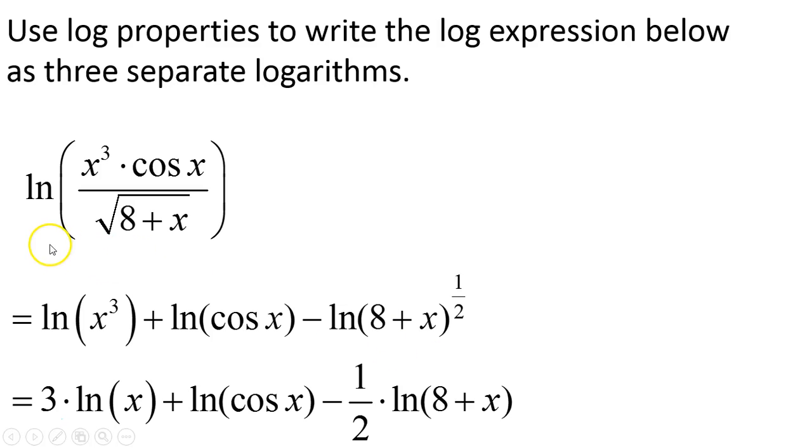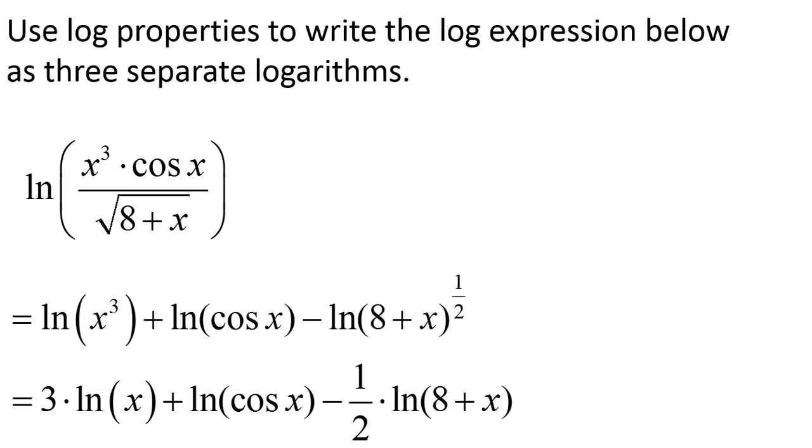If, in fact, let's say this were a calculus question, and I had this expression without the ln. So let's say it said y equals the quantity x cubed times cosine x over the square root of 8 plus x. The first thing I would do is take the natural log of both sides, because having that natural log is the thing that makes it workable. And you say, well, how would that work out?